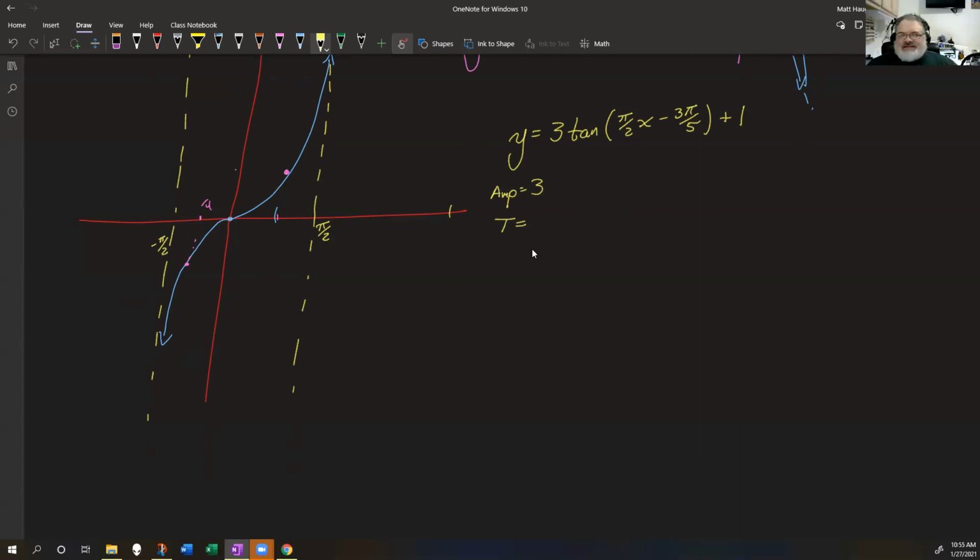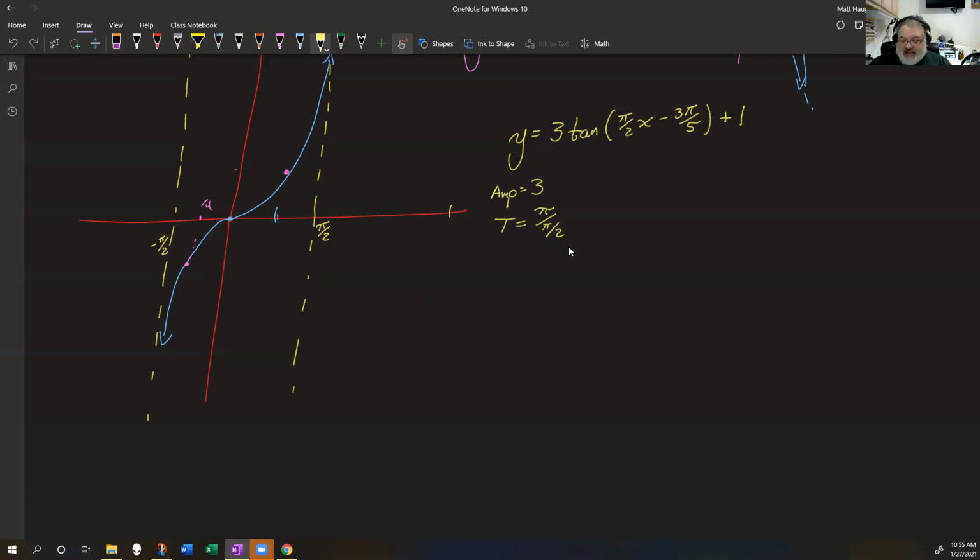Now that's what we did, but if you look back, that's not what I said when we did it. Remember, I always said take the natural period and divide by the compression factor. Our natural period was just 2 pi at the time. The only difference here is our natural period is now pi.